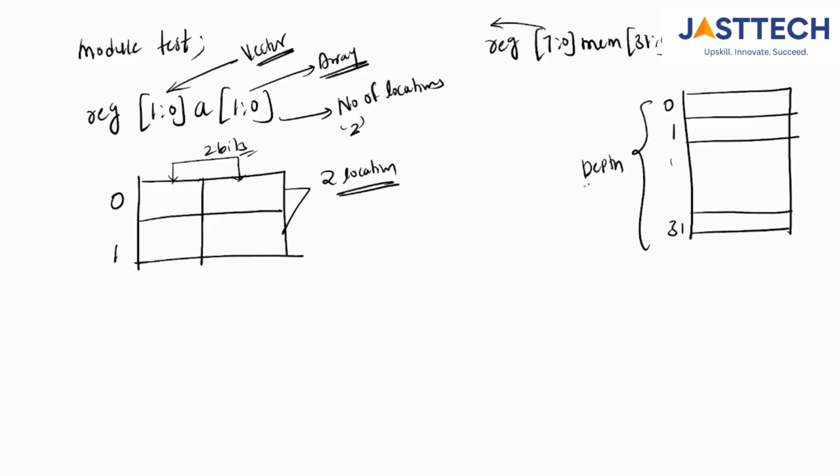When we discuss RAM, this is the depth, and this is the width of the RAM. Width is how many bits in total? You have 8 bits, 0 to 7.